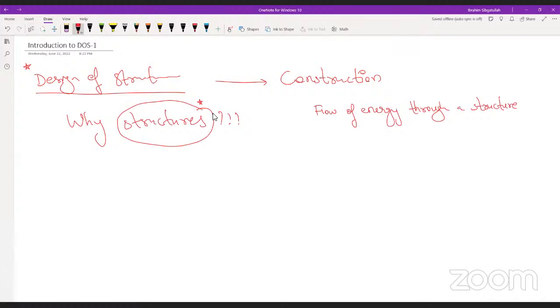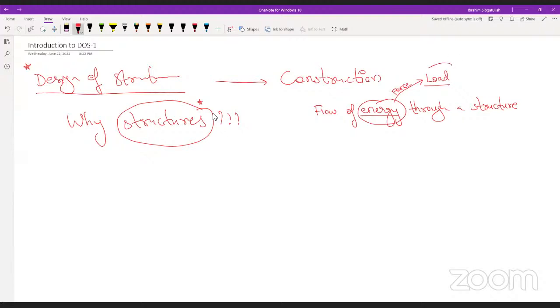So in these subjects, we are learning about the flow of energy through a structure. How does energy get generated? Through load. We call this energy force. And how does this force get generated? Because of the load which is acting on it.